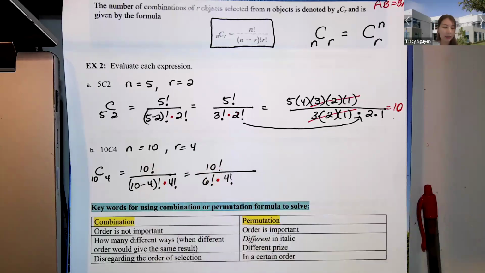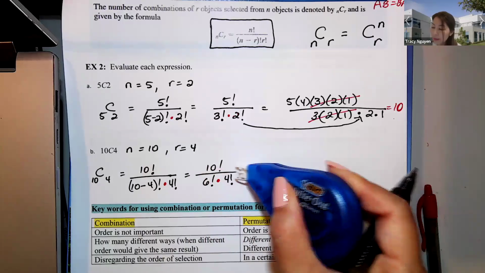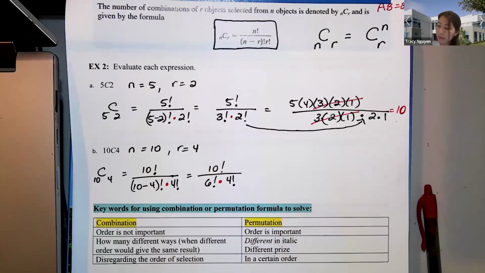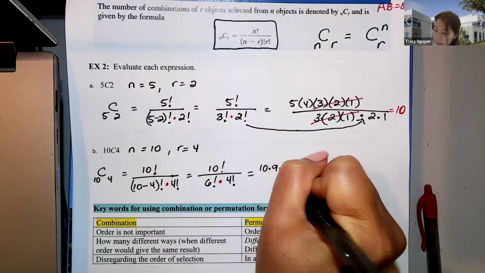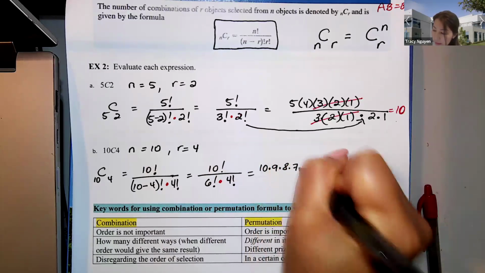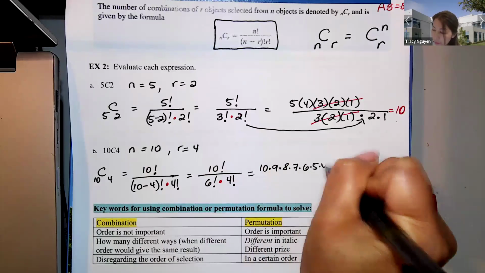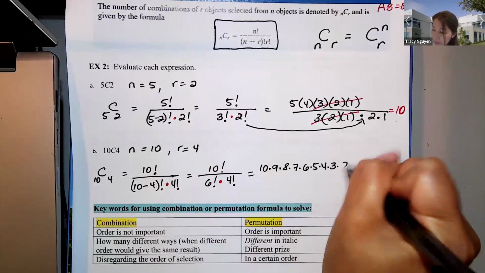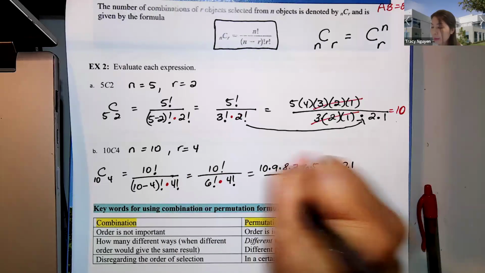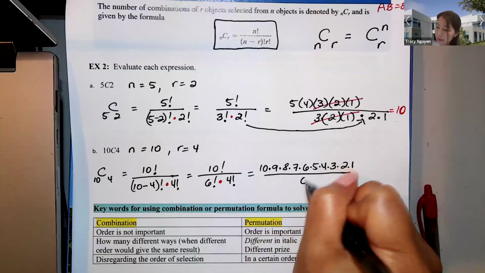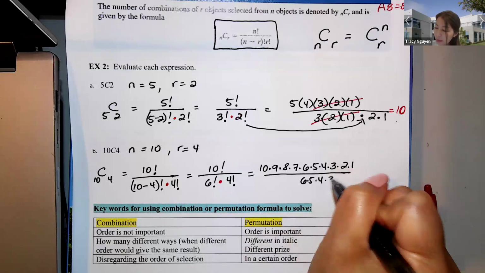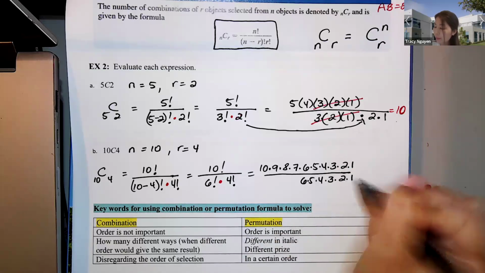Okay, so from here, we can work out 10 factorial. By definition, 10 factorial is 10 times 9 times 8, 7, 6, 5, 4, 3, 2, and 1. Then the denominator 6 factorial, meaning 6 times 5 times 4 times 3 times 2 times 1.